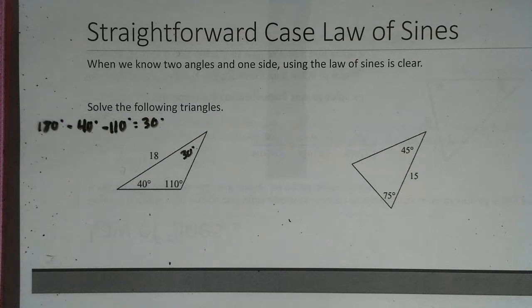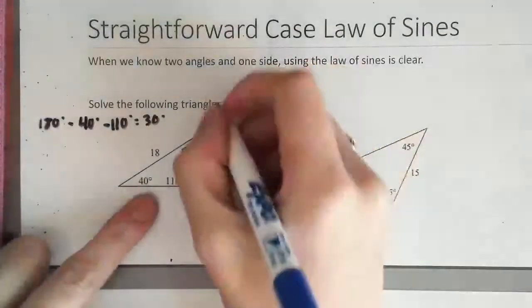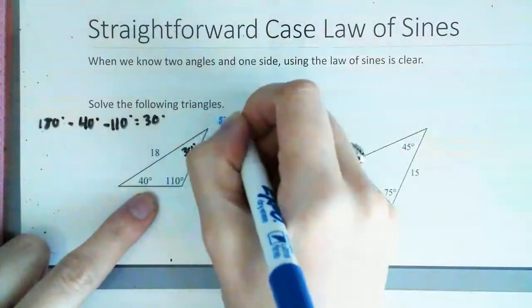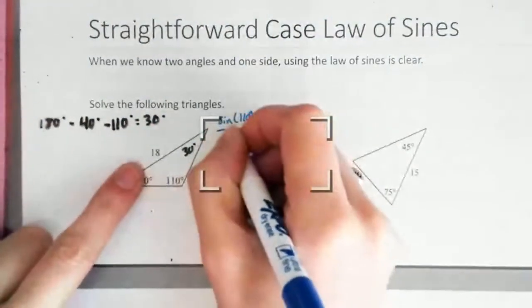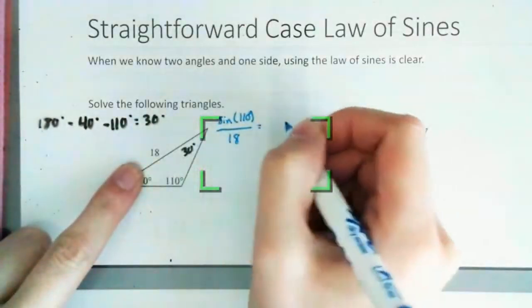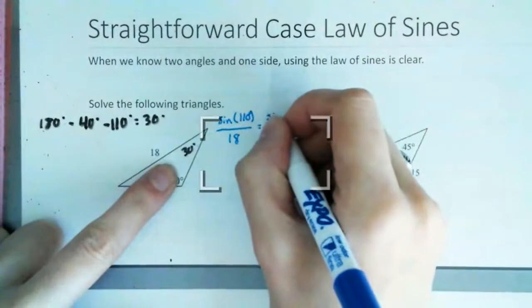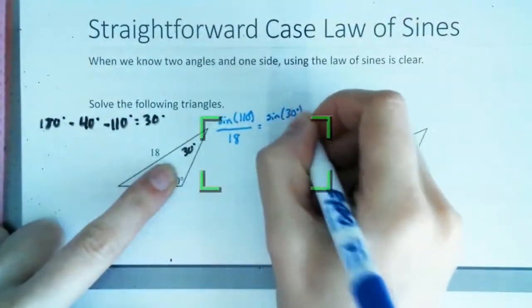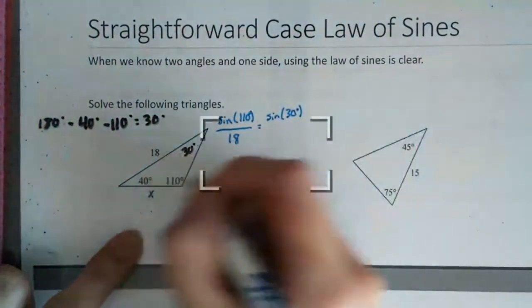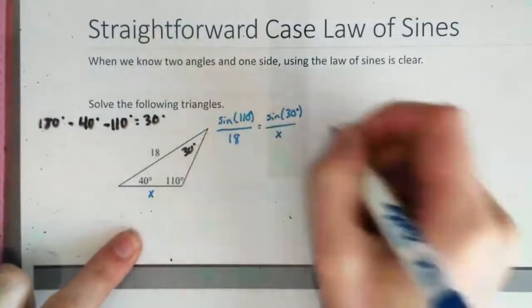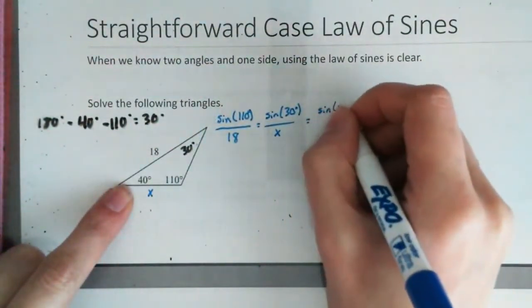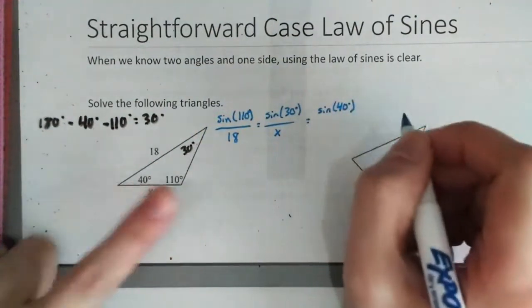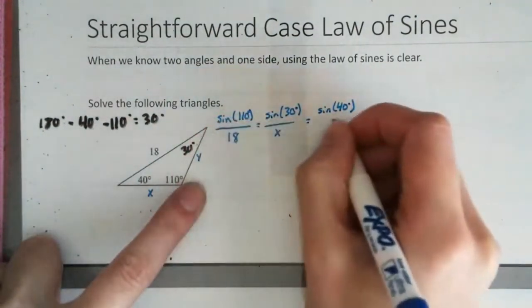If I set up the full equation, we will have the sine of 110 degrees over the opposite side, 18, is equal to the sine of 30 degrees over its opposite side, I'll call it x, which is equal to the sine of 40 degrees over its opposite side, which I'll call y.